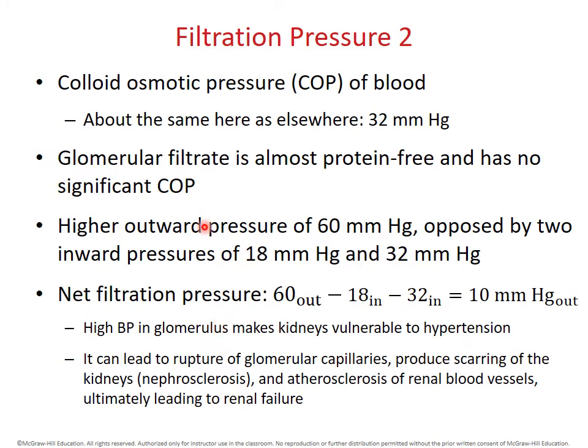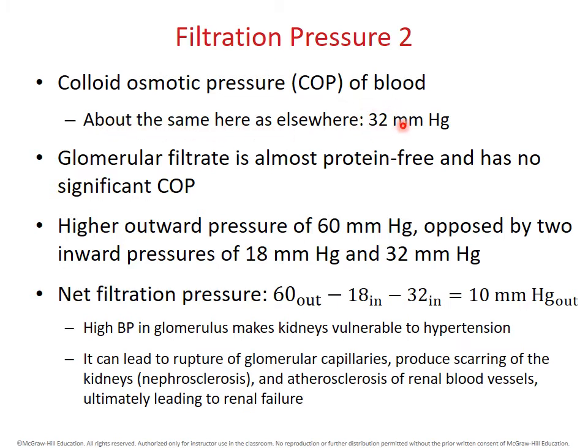Now we have to consider the osmotic pressure conditions as well. Remember, osmotic pressure is a measure of solute concentration, essentially. What we basically have here is that the osmotic pressure of the blood is about the same in the glomerulus as it is everywhere else.